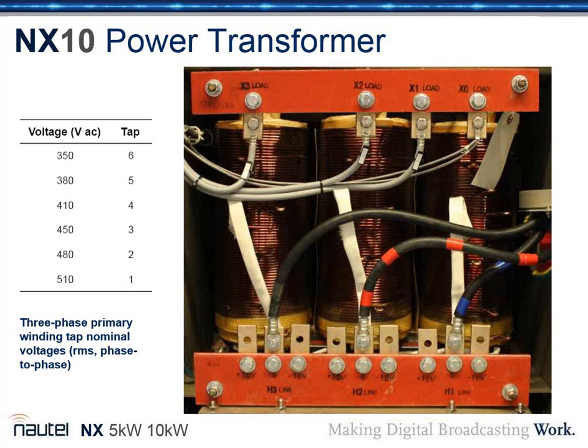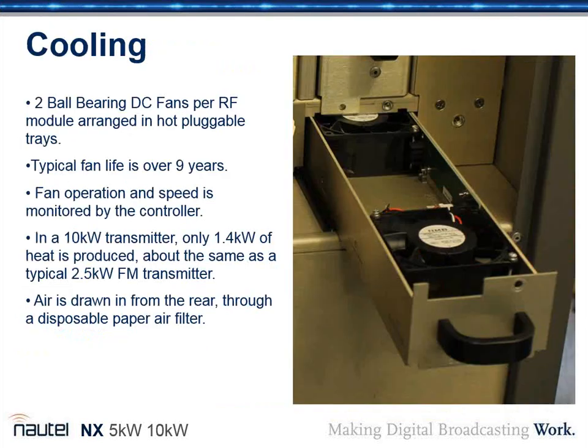Okay, very good. And now cooling is very much like the NX series. We have DC fans with ball bearings, very long life, and they have 3 wires on every fan, and the reason is because there's a tachometer on every single fan inside the transmitter. That's right. They're all monitored by the main controller. And they're really easy to change out, but you shouldn't have to do that very often because they last for 9 years on average.